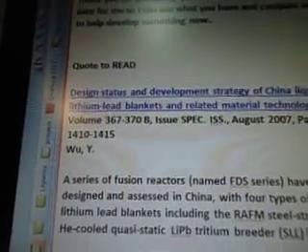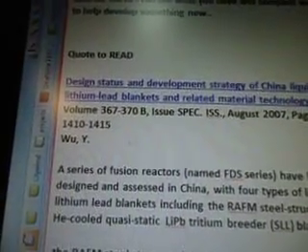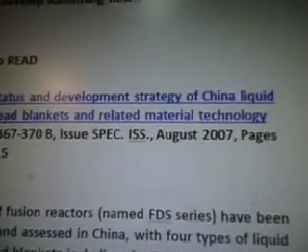Design status and development strategy of China liquid lithium-lead blankets and related material technology. And there's the volume number and stuff there.